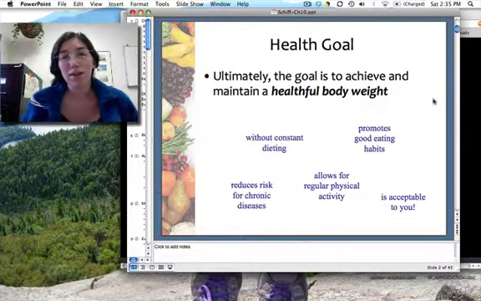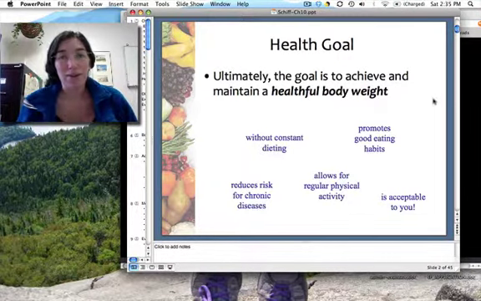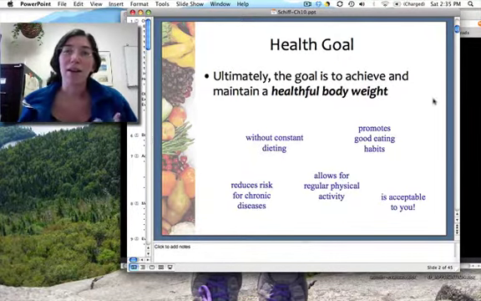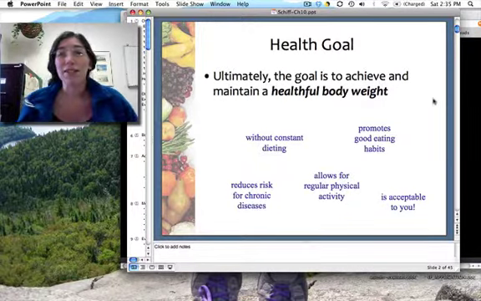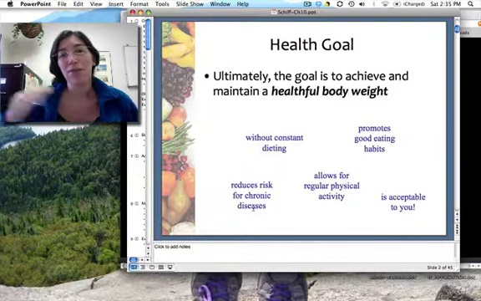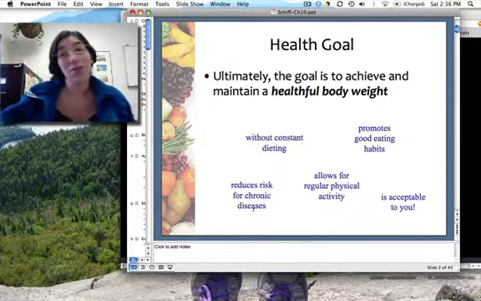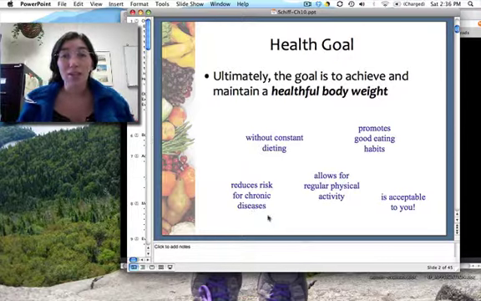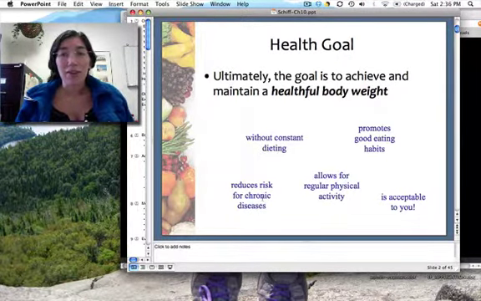We'll talk about numerical values that we can use to define what is healthful, but essentially a healthful body weight is one that, first and foremost, reduces your risk for chronic disease. Body weights that are too high or too low can increase your risk for chronic diseases, and to be healthful, we'd like to try not to do that.